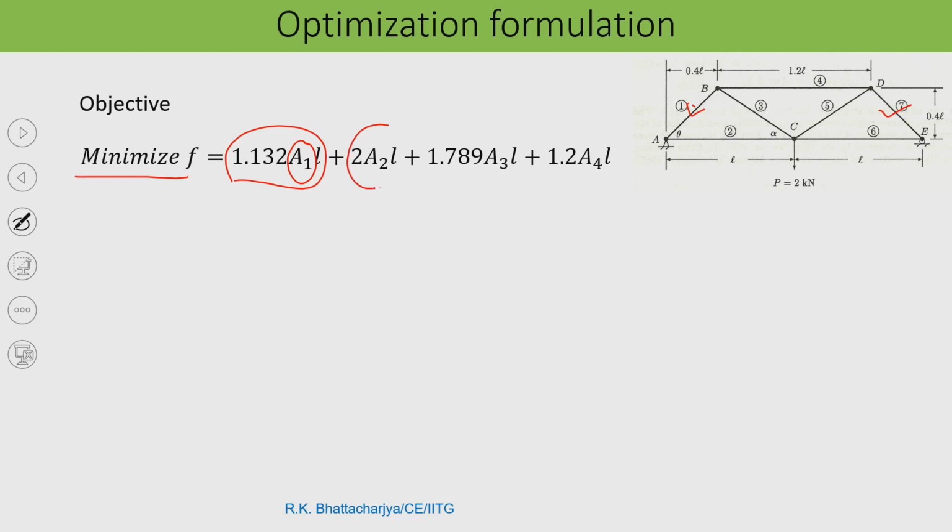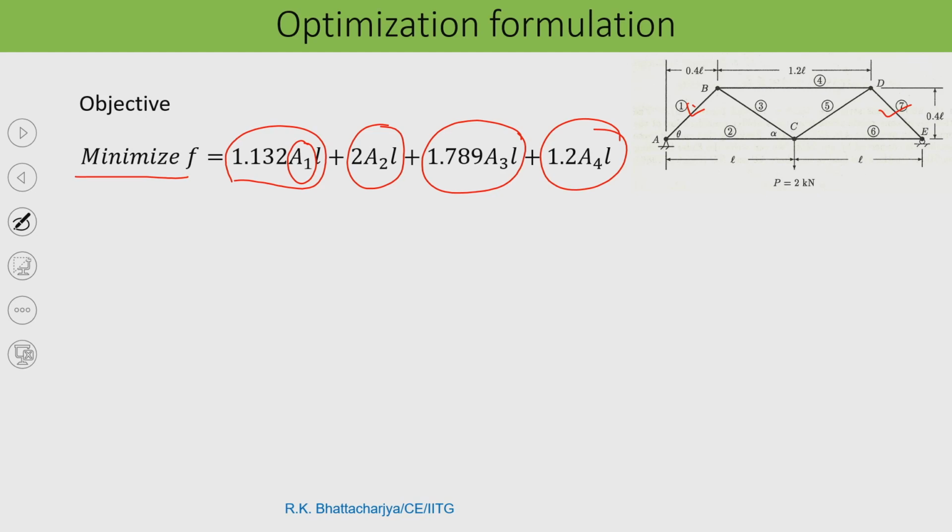Similarly, for A2 that is 2 L into A2, for A3 I need 1.789 A3 into L, and for A4 we have 1.2 A4 into L. So, this is the total material used in this particular truss, and I would like to minimize it.